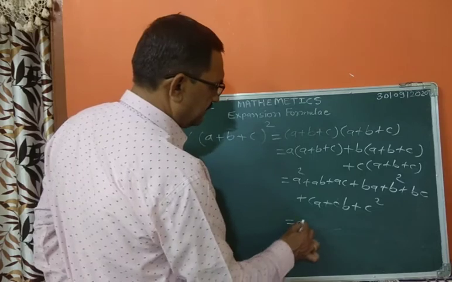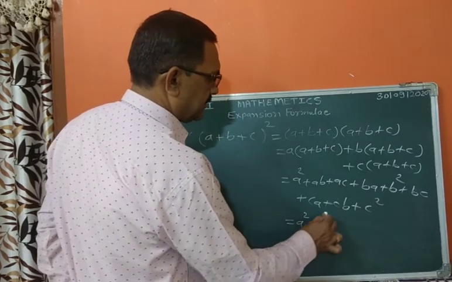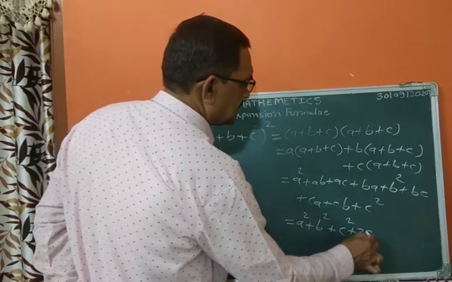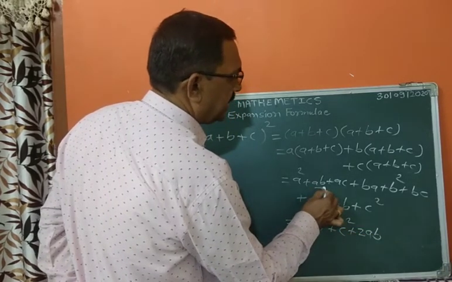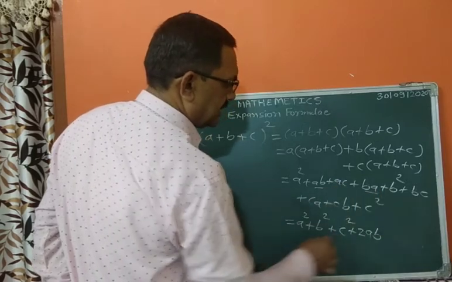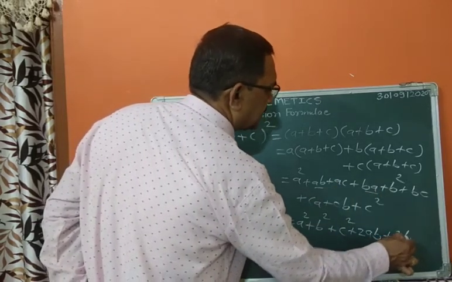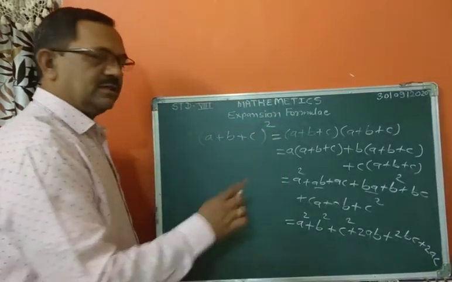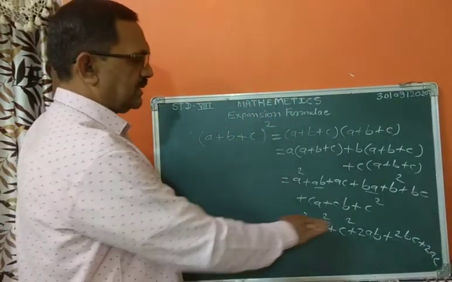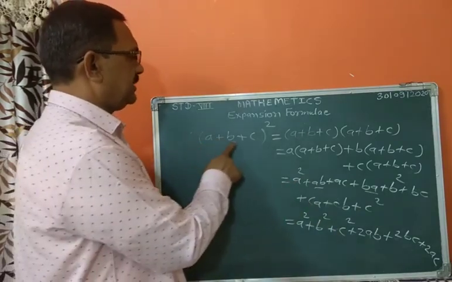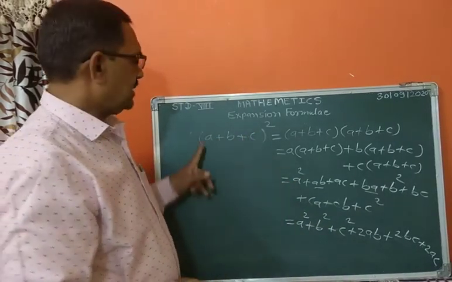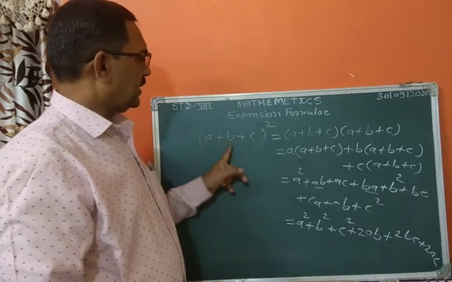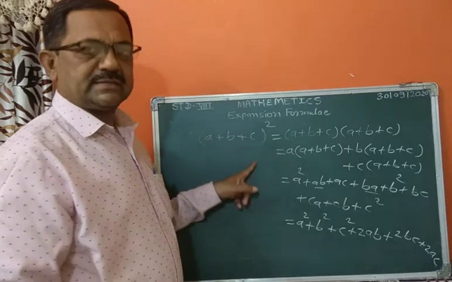Then you have a² plus b² plus c² plus twice ab, here this ab is ba, plus twice bc plus twice ac. In this way, you get the expansion formula of this (a plus b plus c)². Means a² plus b² plus c² plus twice ab, twice bc, plus twice ac.